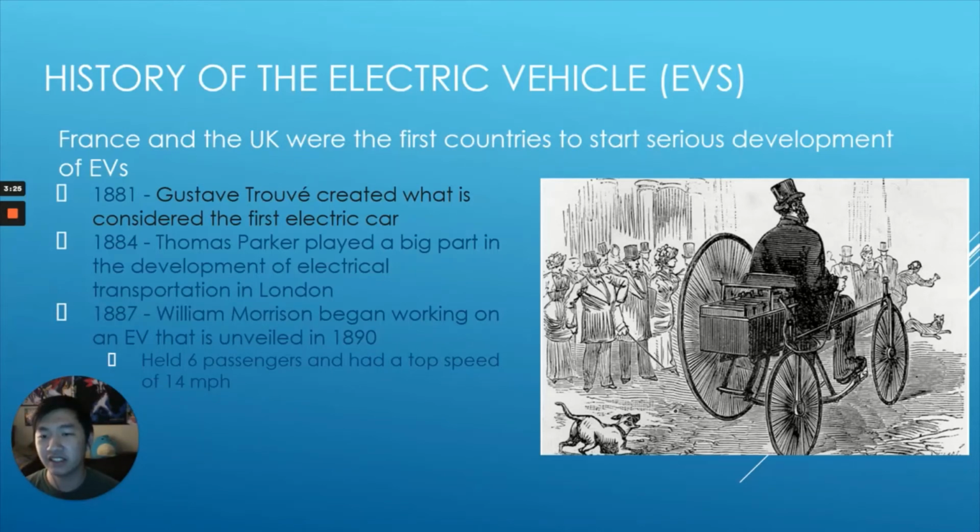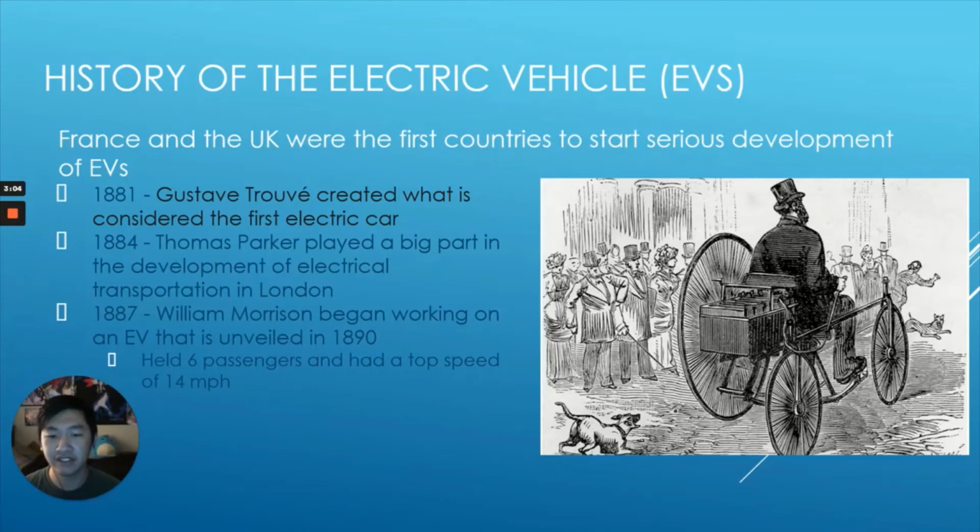And in 1884, Thomas Parker played a big part in the development of electrical transportation in London. And in 1887, William Morrison began working on an EV that was unveiled in 1890 in the US.